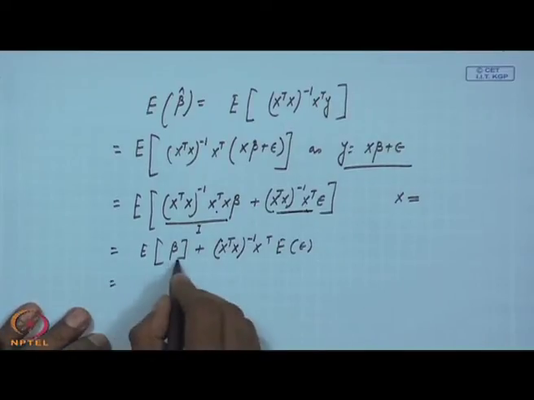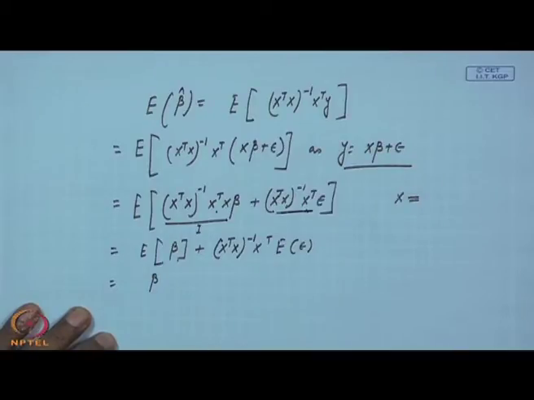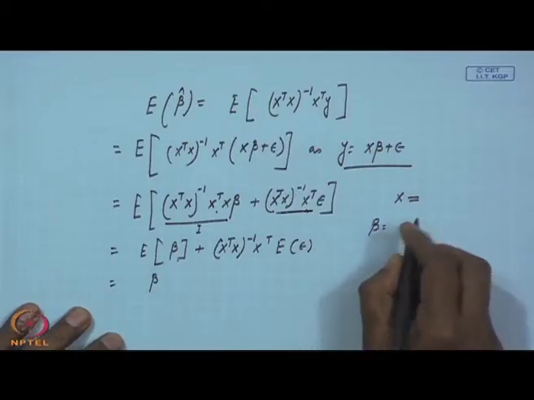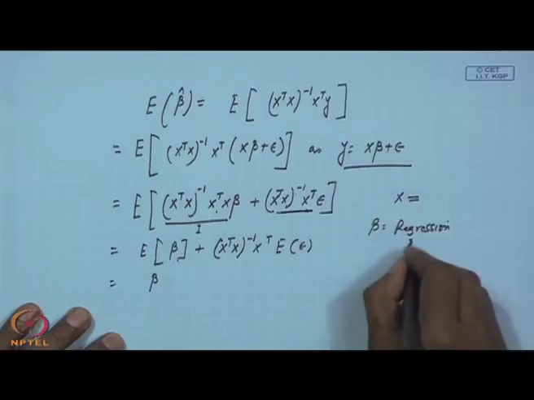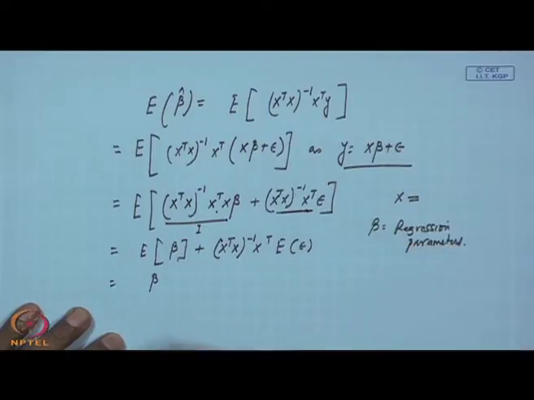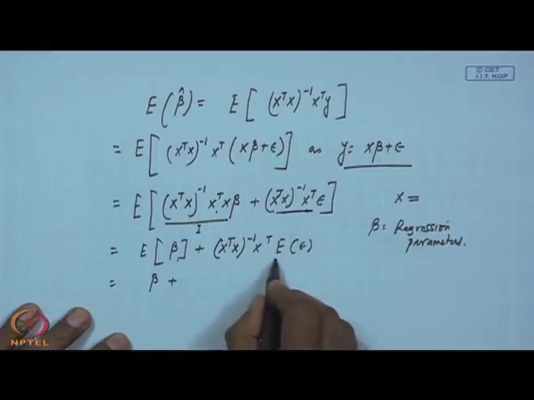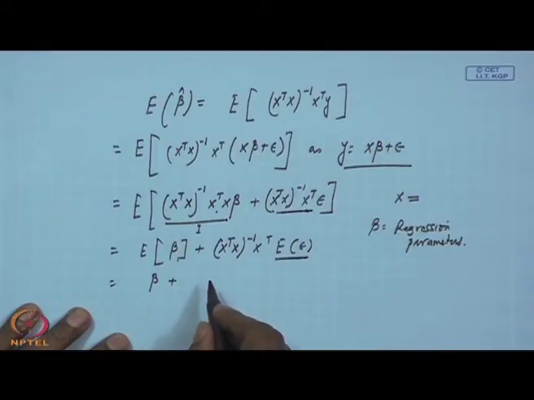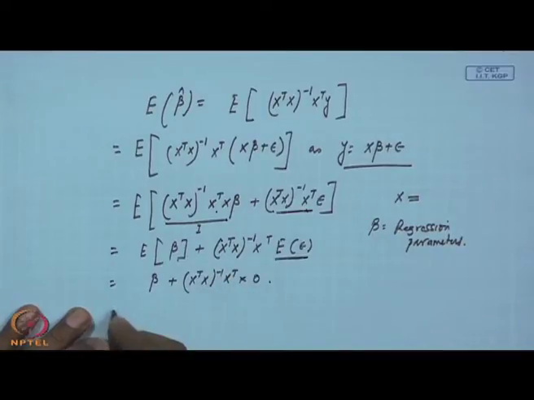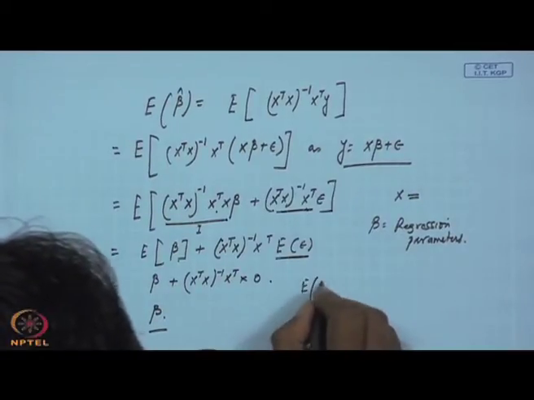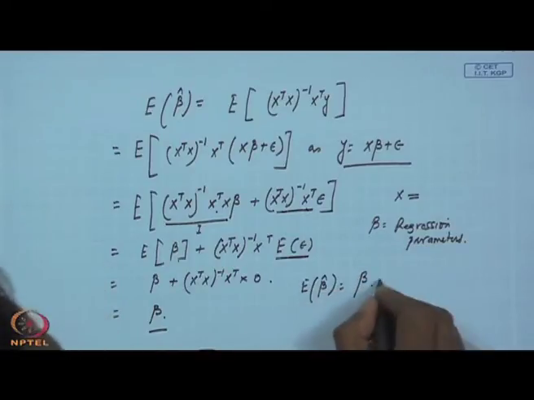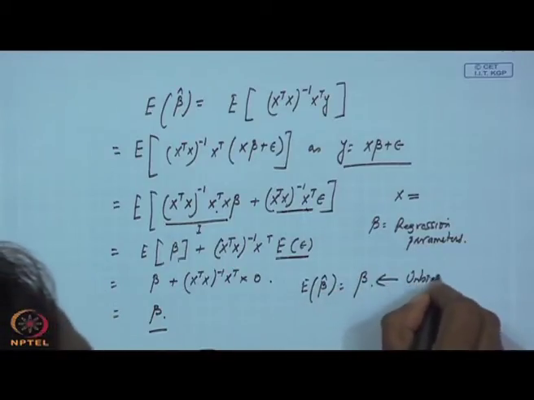Now, expected value of beta is beta, because beta is the regression coefficients. These are regression parameters or coefficients from the population point of view, that is constant, plus expected value of error is 0, that is our assumption. So, you will get (X transpose X) inverse X transpose into 0. So, this will become beta. It says that expected value of beta cap is beta, that is unbiased estimation.